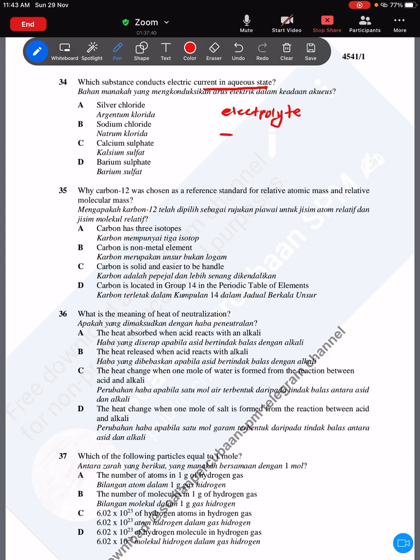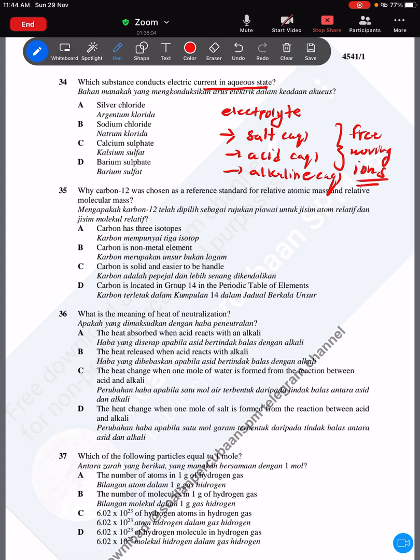And the electrolyte must be in either salt or acid or maybe alkaline. When they are in aqueous, then definitely they can conduct electricity due to the presence of the free moving ions. Therefore, they are asking in aqueous.